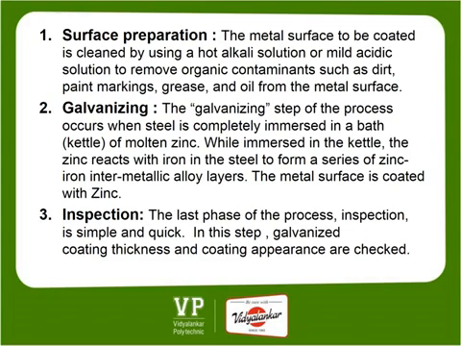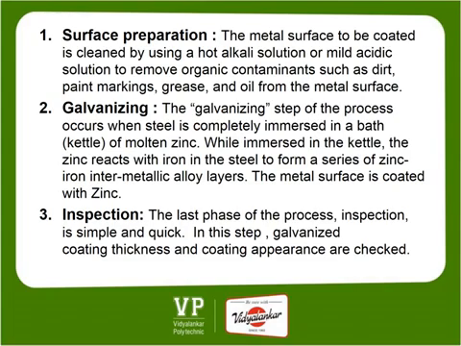In the first step, that is surface preparation, the metal surface to be coated is cleaned by using a hot alkali solution or mild acidic solution to remove organic contaminants such as dirt, paint markings, grease and oil from the metal surface. The second step, galvanizing.